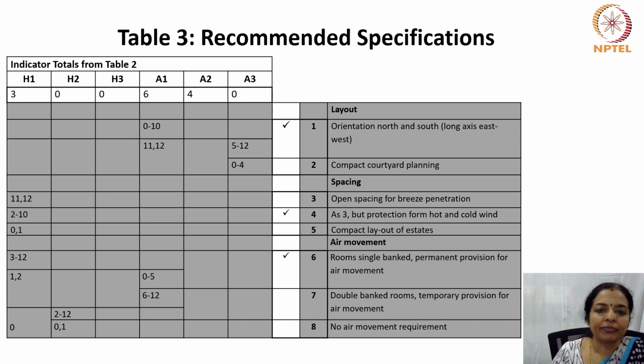Here the recommended specification comes out in terms of layout, spacing and air movement. It says that the orientation should be north and south, long axis along east and west, and the spacing of buildings should be open for breeze penetration, but there must be protection from hot and cold wind. Also, air movement: rooms should be single bank with permanent provision for air movement.